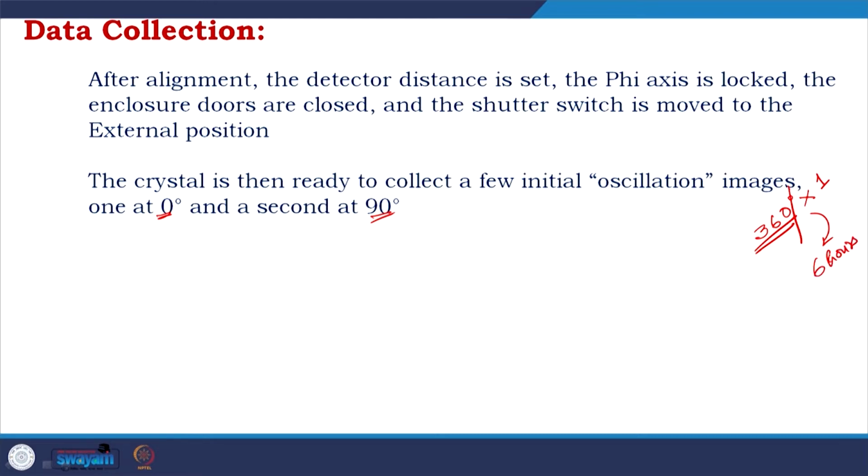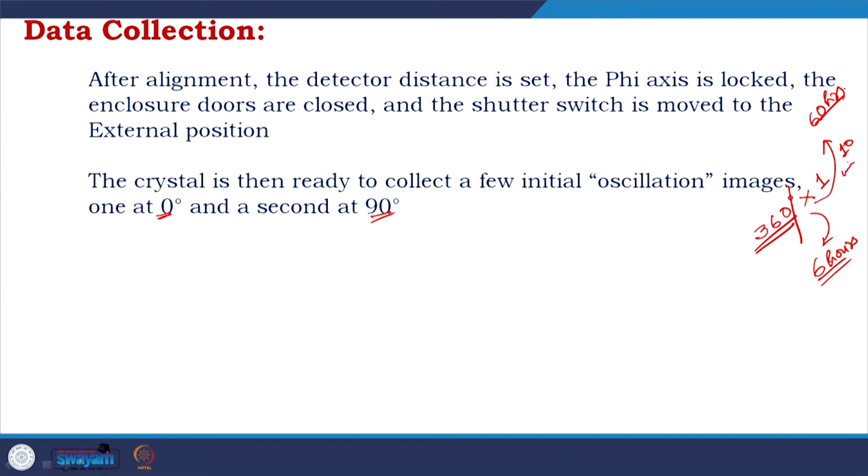If you choose 10 minutes, that is 60 hours. So, there is a difference of 6 hours to 60 hours just if you change the exposure time from 1 minute to 10 minutes. That is why it is very critical to initially do as much optimization as possible. So, we collect one at 0 degree and a second at 90 degree.